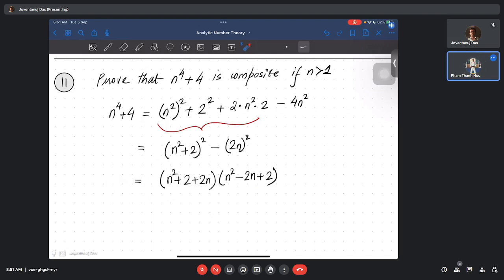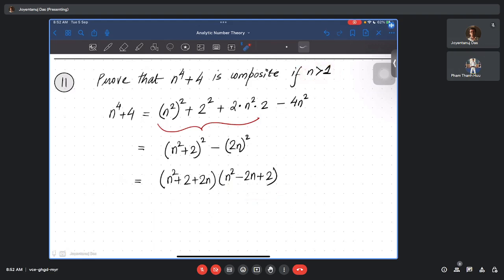You have to use the condition that n is strictly greater than 1, because if I put n equals 1, then this term is actually 1, so that will not work. That's why they have given the condition n is strictly greater than 1.